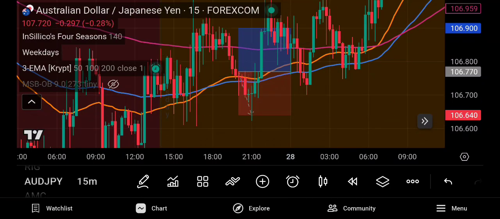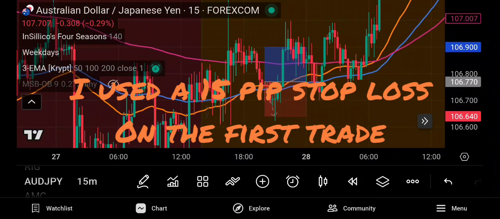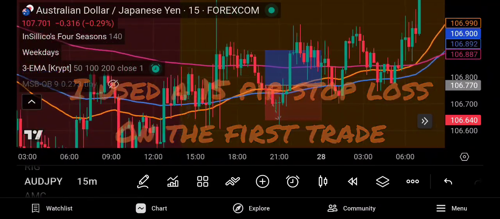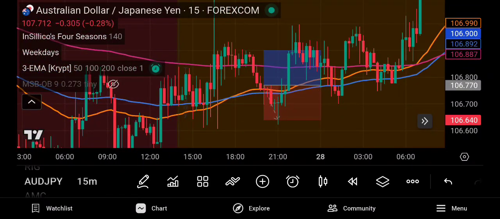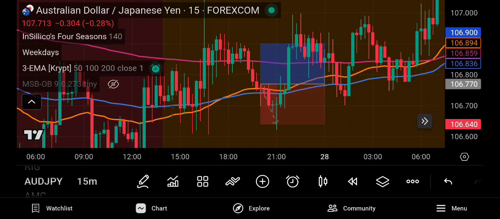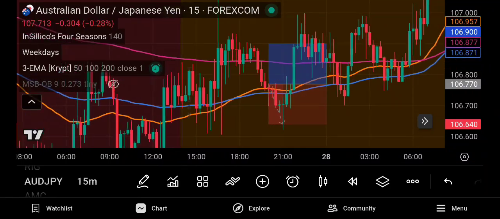I use a 10 pip stop loss up to a 15 pip stop loss, depending on how good I feel about the trade. But one thing I do plan on implementing moving forward is, instead of taking a market order, why not put a limit order minus 5 pips, to give you a better chance.